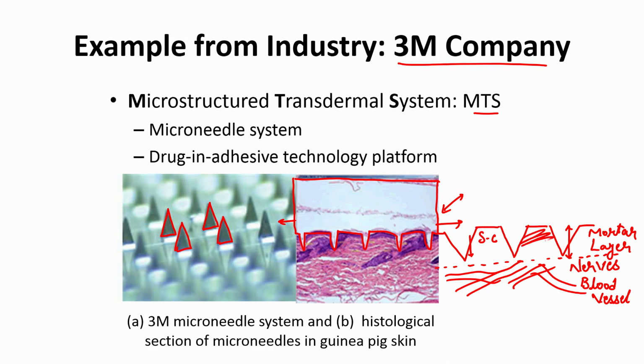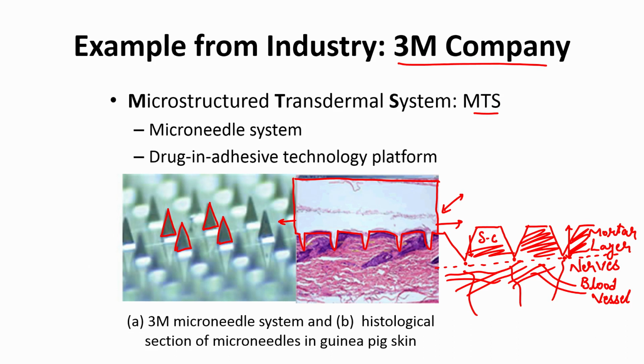Here is all your mortar layer, and I have now traversed this. The permeation that was getting blocked majorly by this layer is no longer applicable, and once the drug is released at these heads, it can very easily permeate and diffuse into the system. That is the whole concept with this.